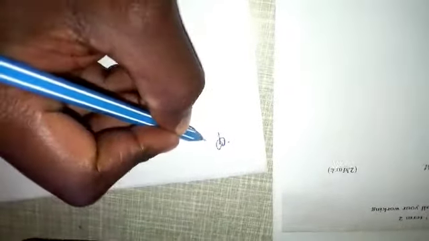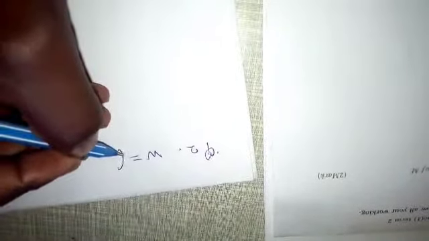Now we know that matrix W is given by 1, 2, 2, negative x, right?